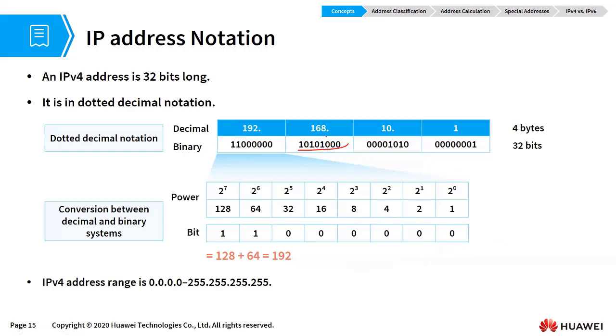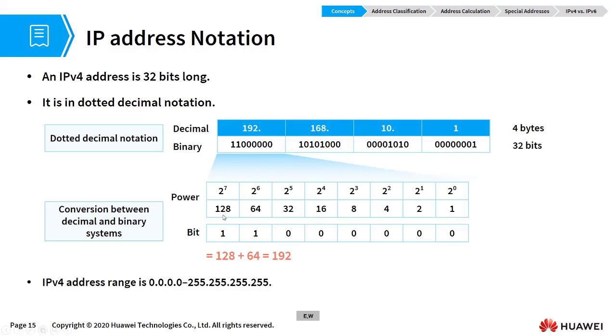So let us convert this into decimal and see whether it becomes 168. Again, just get hold of your numbers, 128, 64, 32, 16, 8, 4, 2, 1, and superimpose your binary digit octet onto these. This one is 1, 0, 1, 0, 1, 0, 0, 0.